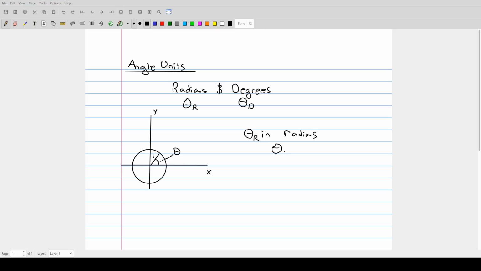We can think of it as a ratio, where theta r is the angle around the circle, and you can go a total of 2 pi radians. 360 degrees is the same thing as 2 pi radians. So theta r is really a ratio over 2 pi.